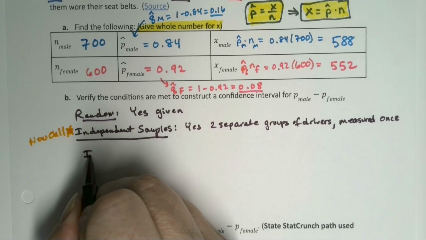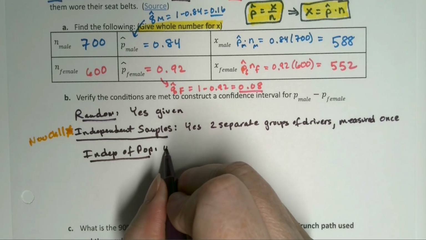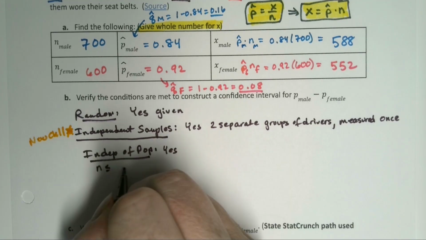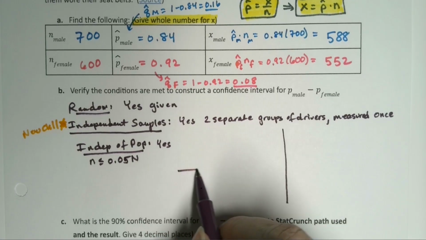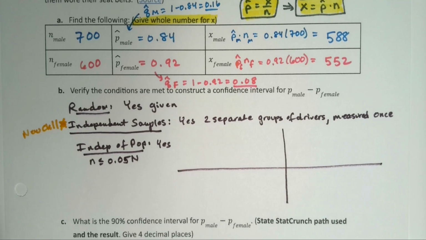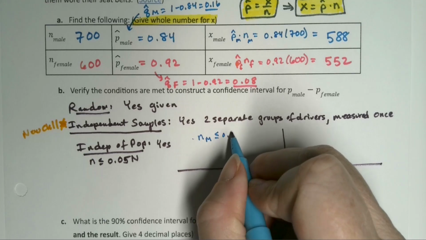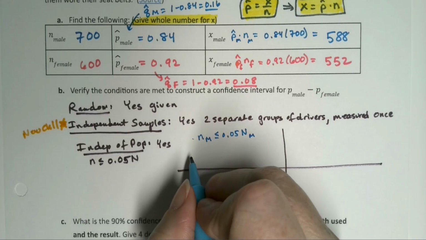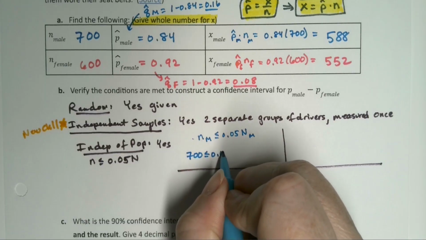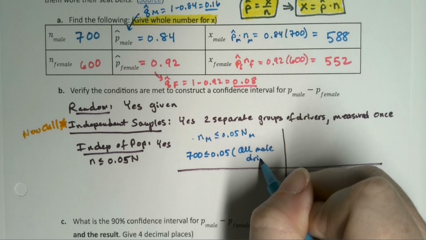All right, what we did have before is independence of the population. That we've had. This is going to be a yes, but I have to prove it. The way we prove this is little n is less than or equal to 0.05 of capital N. Let me segment my paper a little bit here. For the male group, I need little n for the men to be less than or equal to 0.05 capital N for the men. Little n for the men is 700, less than or equal to 0.05 of all male drivers.